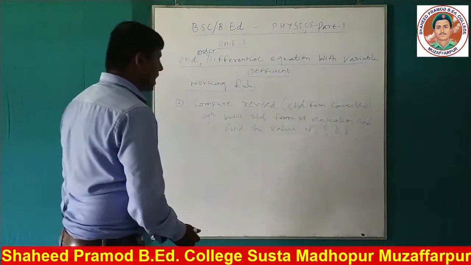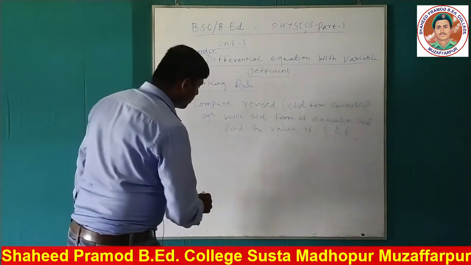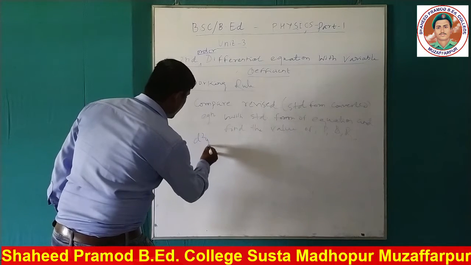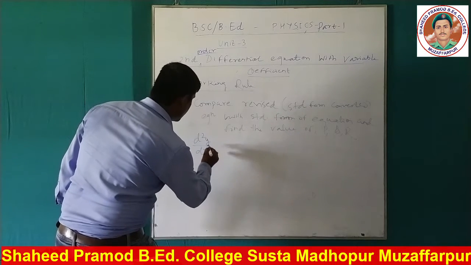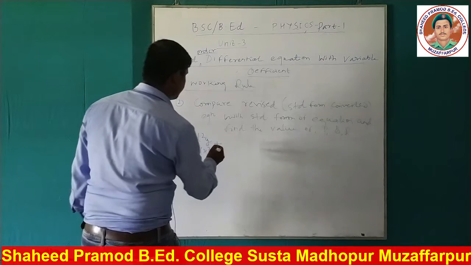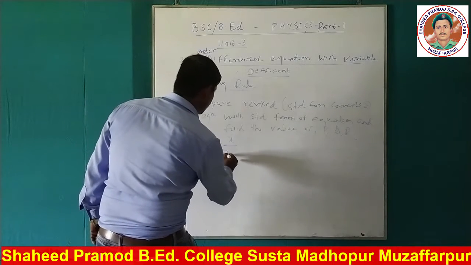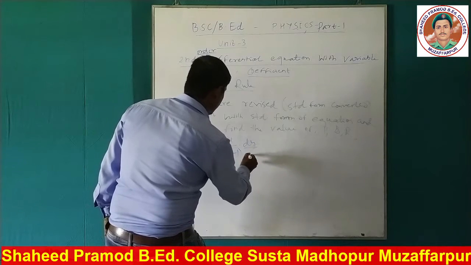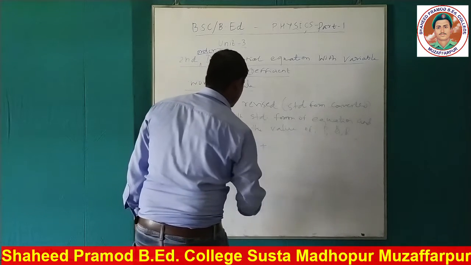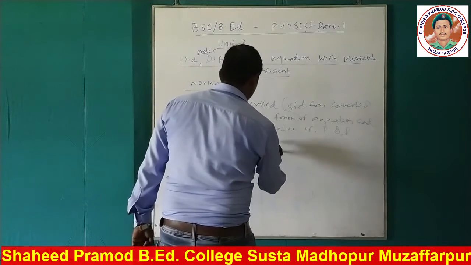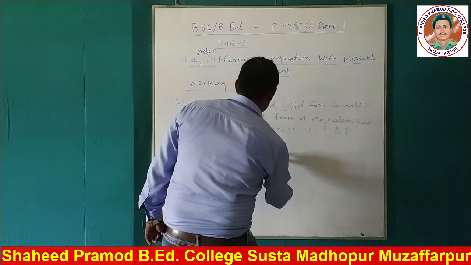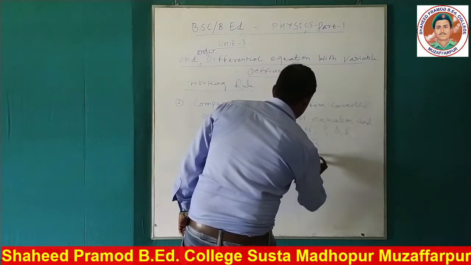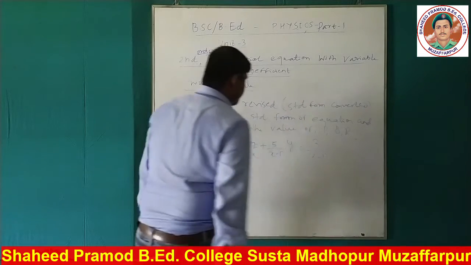For example, as far as concerned the previous example, that was d2y upon dx square plus x upon x minus 1 into dy upon dx plus 5 upon x minus 1 into y is equal to 3 upon x minus 1.